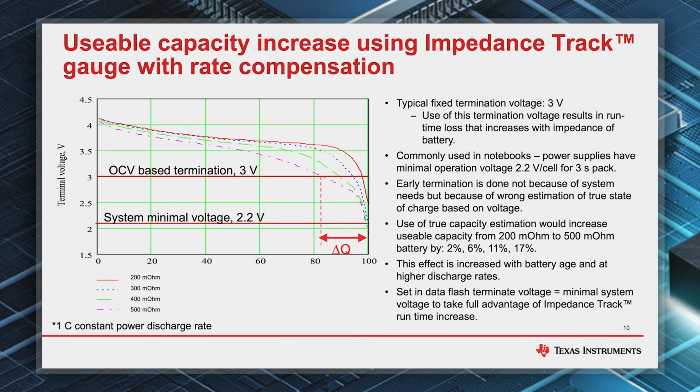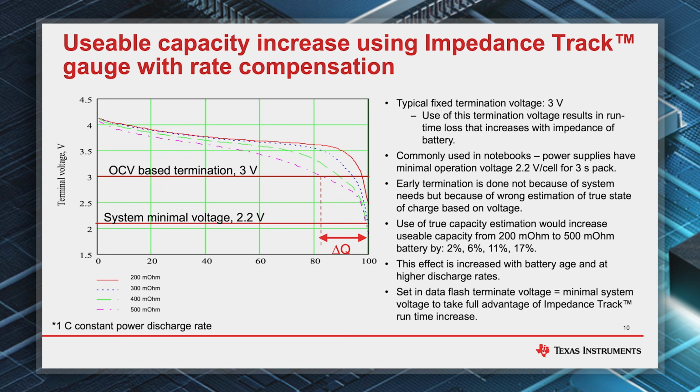So here is the benefit you can get by using impedance track gauging. If you are using the OCV-based termination, which some of the competition devices are actually using, or some simple MCUs are using, you will terminate at the point where this delta Q will occur. Well, in this example, it's quite large. You will lose close to something like 17% of your runtime if you terminate at 3 volt.